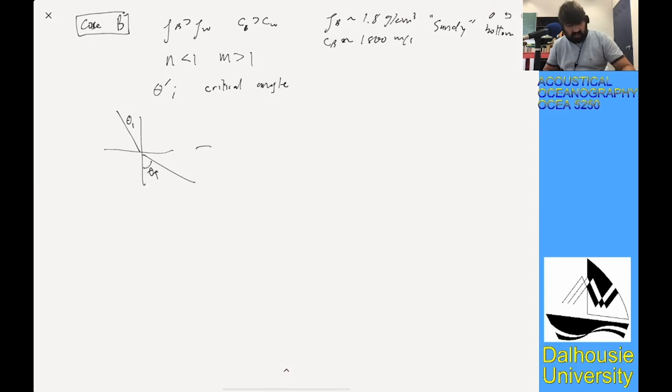So there's going to be a certain critical incident angle, which is larger, as your ray becomes, I guess you could say, shallower, where the transmission angle is actually going to be parallel to the interface here. So at theta prime I, the critical angle, theta prime t goes to 0, or I guess I should say pi by 2.